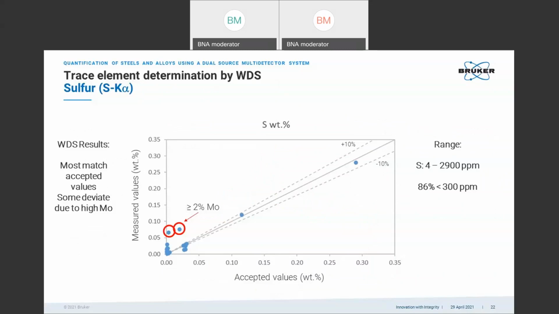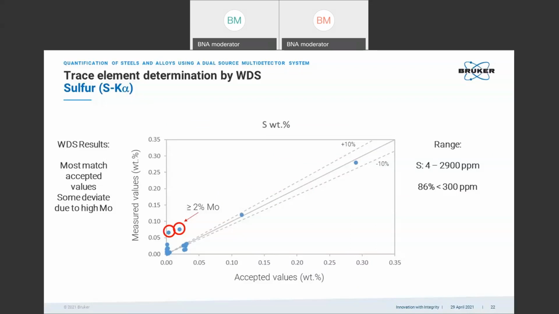We see some results on the sulfur. Most of the determinations match the accepted values, like you see here. It's quite close to the one-to-one line between measured values and accepted values, but there are actually some deviations.